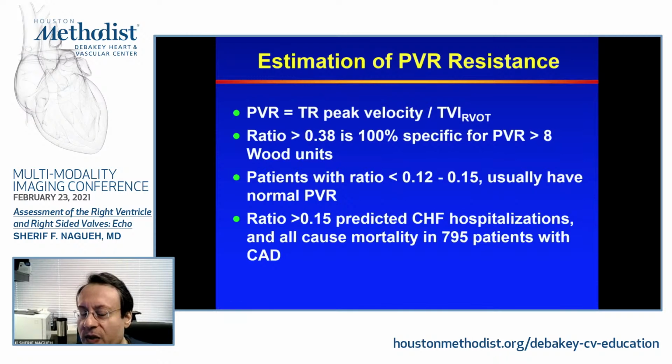So you can see that there are extremes that we can rely upon to tease out those with major issues of pulmonary hypertension or those with normal pulmonary vascular resistance. Interestingly, a ratio more than 0.15 predicted heart failure hospitalizations and all-cause mortality in 795 patients with CAD who were enrolled in the Heart and Soul study in San Francisco VA Medical Center.